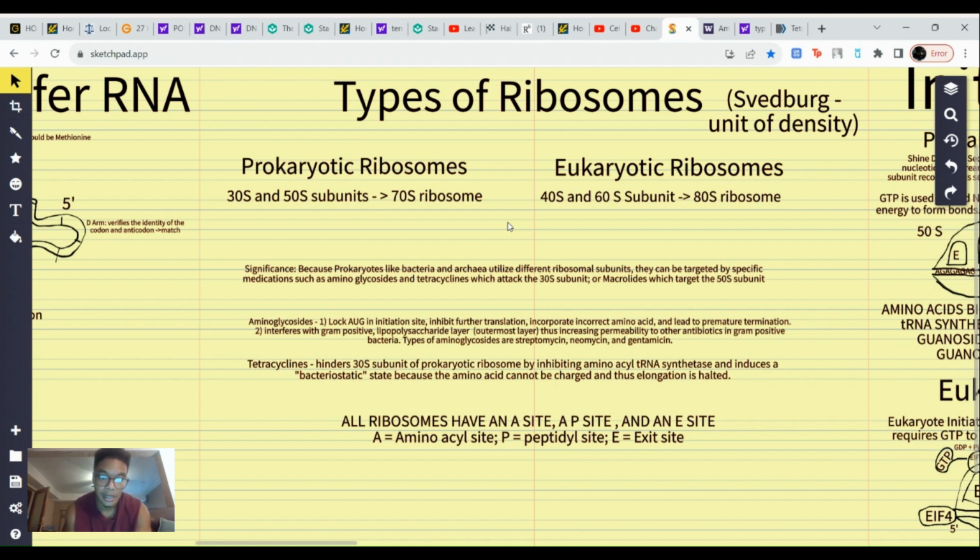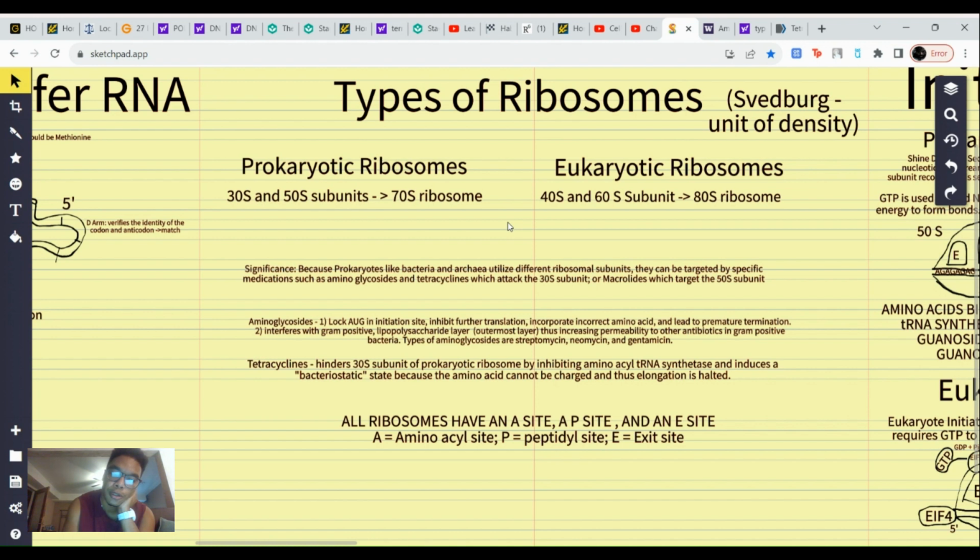Aminoglycosides lock the starter codon AUG methionine in the initiation site and inhibit further translation. That doesn't make sense now, but it will. And they incorporate the incorrect amino acid and lead to premature termination. So basically, they stop translation in its tracks at the beginning because they inhibit the ability of AUG to move from the initiation site. Second, they can interfere with gram-positive lipopolysaccharide layers. Gram-positive is just from the gram stain. There's a certain stain called the gram stain that you can use, and if the bacteria has a cell wall, it stains. I think it's purple.